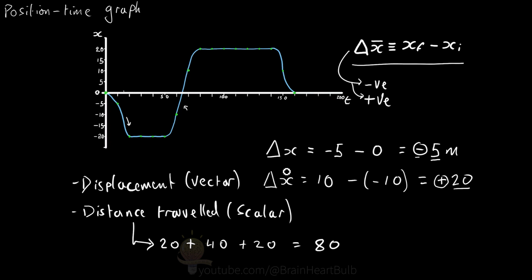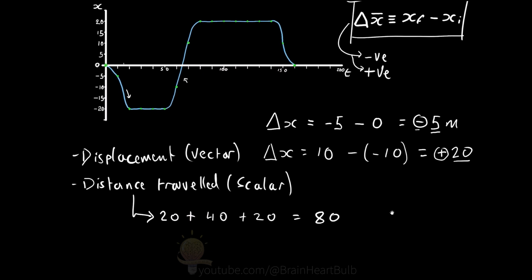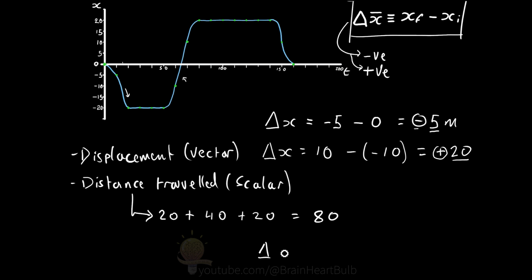And we can see this from this equation here. So my initial position at 0 seconds is 0 meters. So delta x is equal to xf minus xi, where xi is the initial position, which is 0. But my final position is also 0.